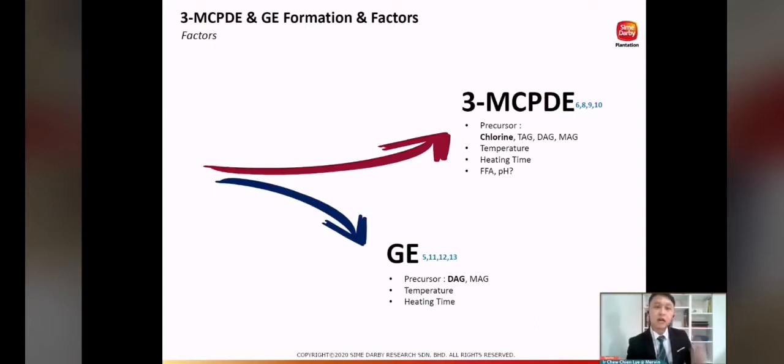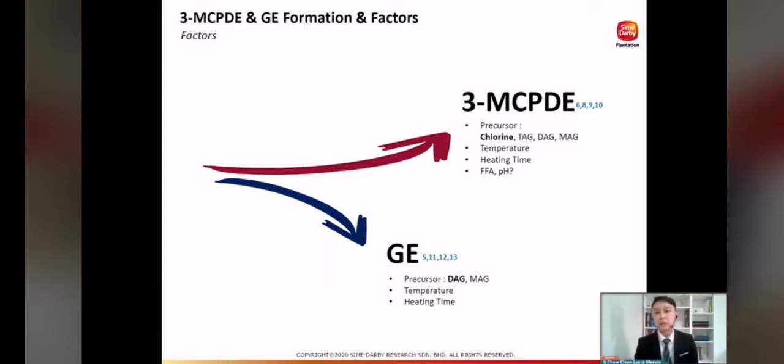Next. So move on to the factors of 3-MCPD and GEs. For 3-MCPDE, it was clearly known that the precursor for 3-MCPDE is chlorine, or we call it chlorinated compound, and also acyl glycerols. So we have DAG and MAGs, as I mentioned earlier in the crude palm oil compositions, which also are the precursors for the 3-MCPDE.